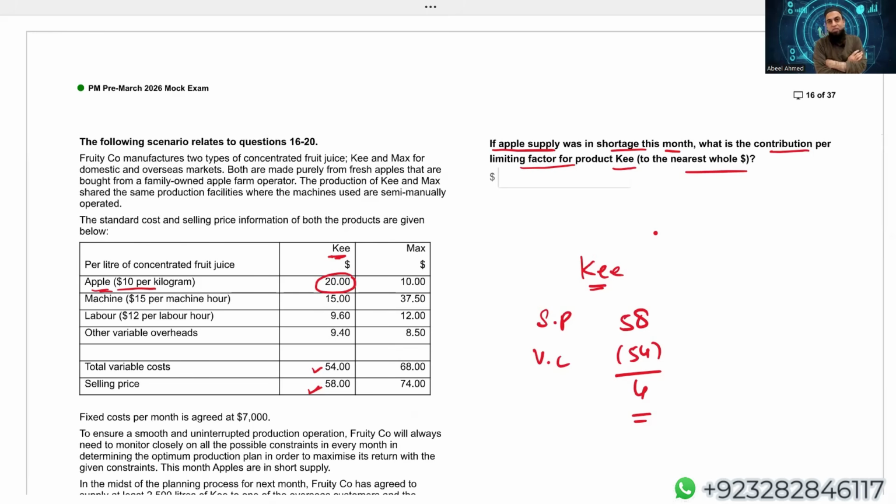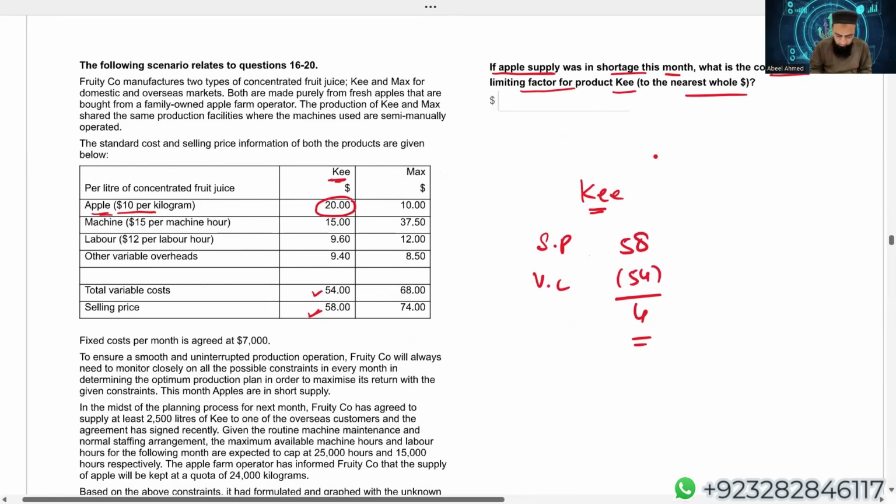And in Key, total cost of apple is $20, which means 20 divided by 10 will give us how many kilograms we are using in 1 unit of Key. So 20 divided by 10 gives us 2 kilograms. It means 1 unit of Key is using 2 kilograms of apple.